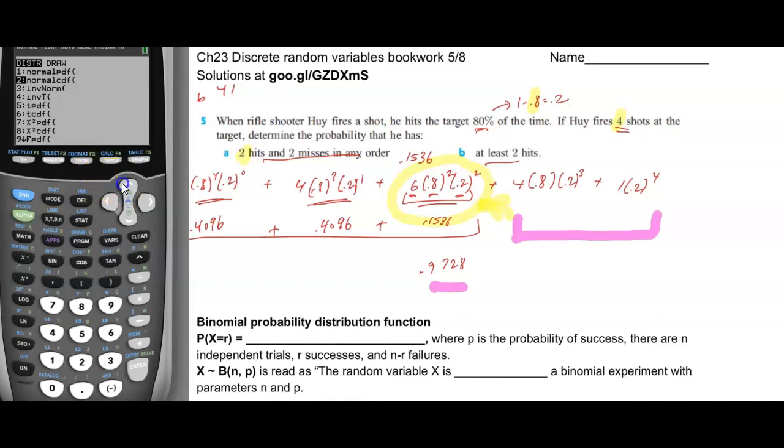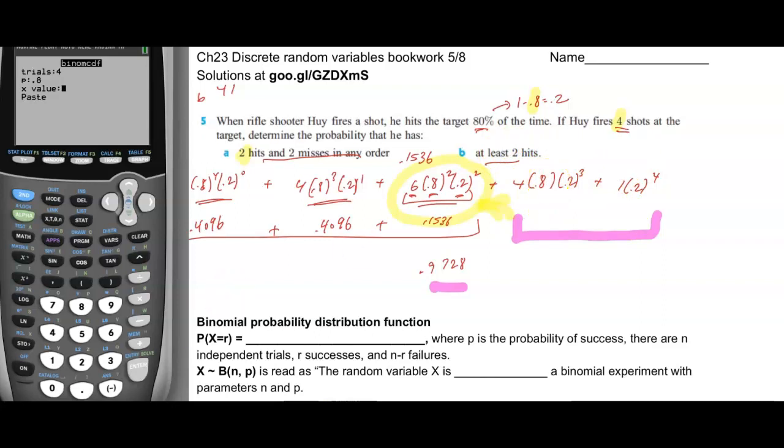Okay? So I'm going to go down to binomial CDF, and I'm going to give it the number of trials of 4, and the success rate of 0.8. And then I'm going to give it the number of successes. In this case, I'm not going to put 2, because that would be this. I want to put the pink part, or less. So number of successes, just 1, right?